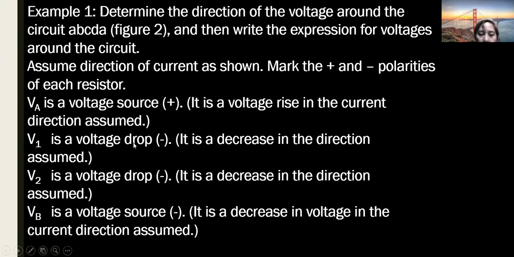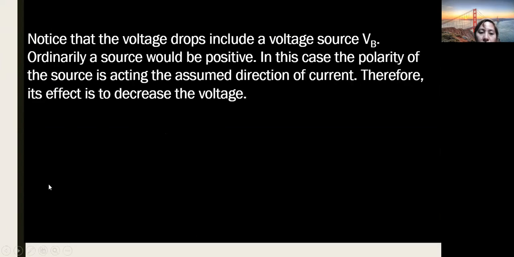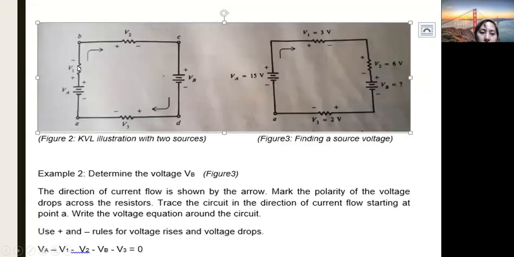V1 is a voltage drop. It is a decrease in the direction assumed. So where's V1? Here is V1. Here is V2. And then V3, here's the V3.